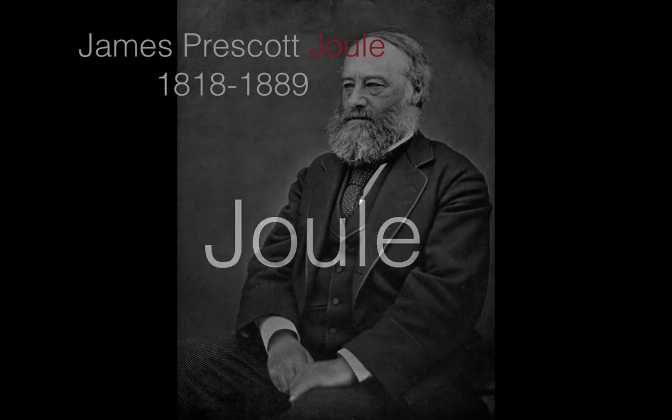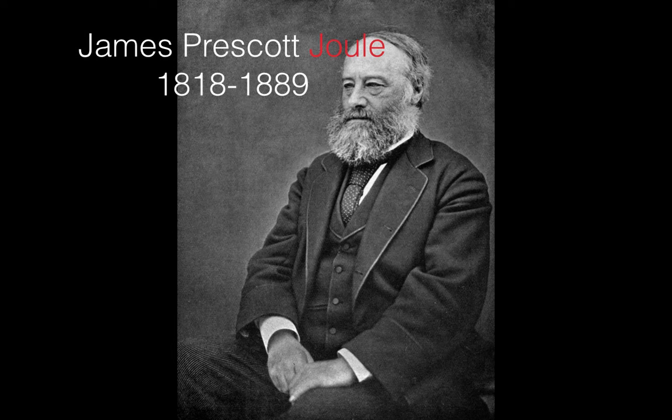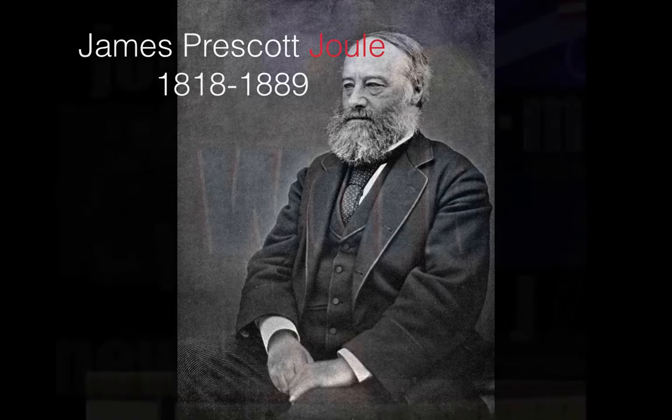This is the unit for energy that is being used to change the displacement of an object times the force applied to that object. And this unit was named after our friend here, James Prescott Joule, who lived from 1818 to 1889.